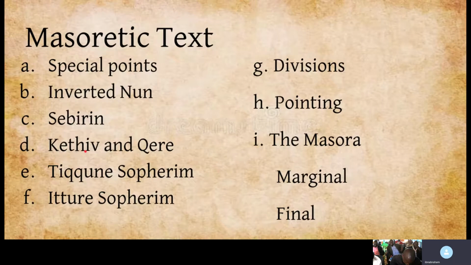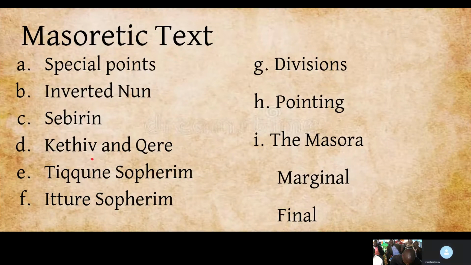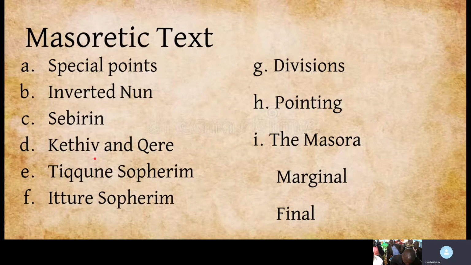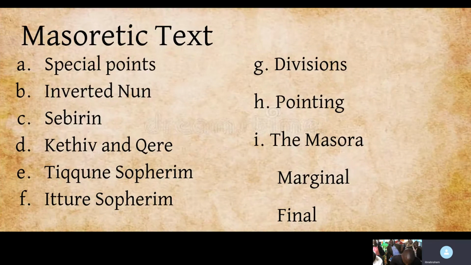Another way of pointing out textual variants is called kathiv and kare. In many instances, the traditional text was felt to be unsatisfactory on either grammar or aesthetic or doctrinal grounds. And some of them were just variants between manuscripts that they marked. So the solution was found in providing an alternative reading to that which was found in the main text.